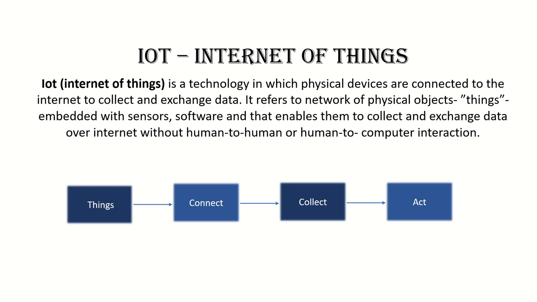This means connecting the device to the internet or network using Wi-Fi, Bluetooth or internet. Third one is collect. In this, the devices collect data from sensors, for example, motion, light intensity. This data can be stored in cloud or platforms. And last one is act. Based on collected data, the system takes action. For example, turn on the fan if temperature is high.